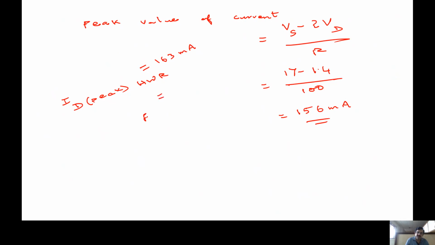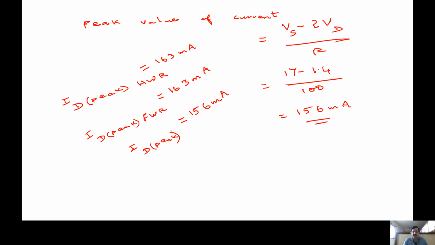For the full wave rectifier, ID peak is 163 milliampere. Now with the bridge rectifier we get slightly lower current, but not a very big difference for the given circuit configuration.